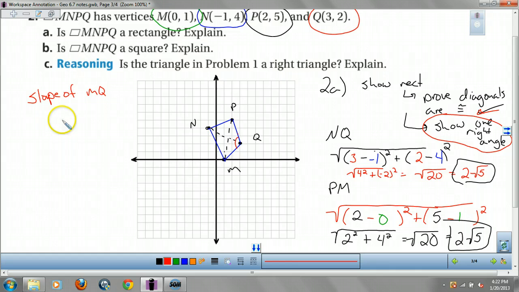Remember our slope formula? We use Q in red, change in Y over change in X, getting those from over here. So that slope is 1/3.